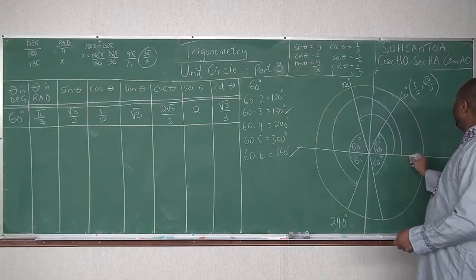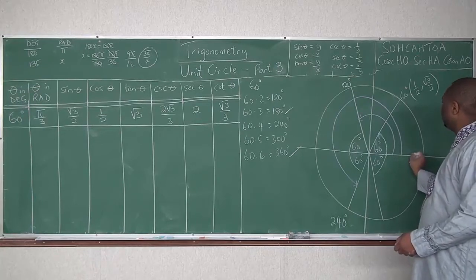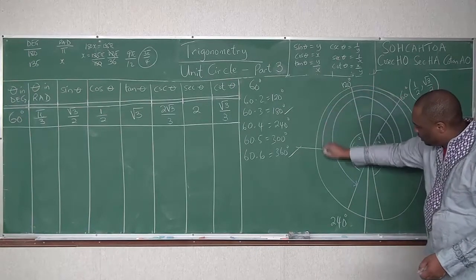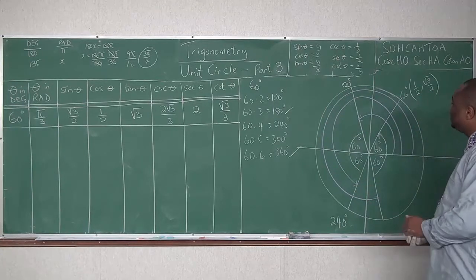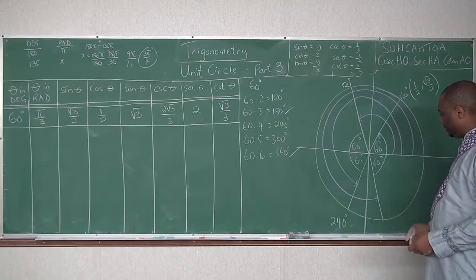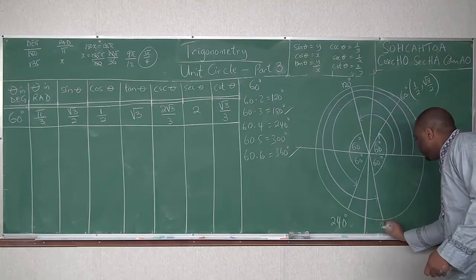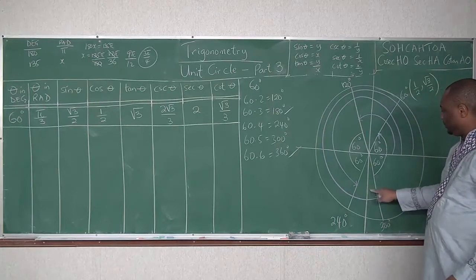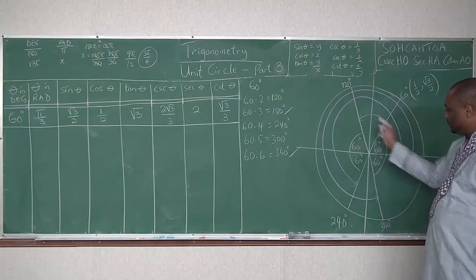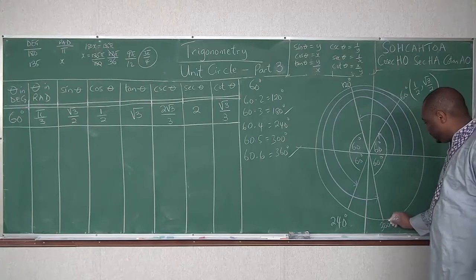And then we have from the initial side up to the terminal side here. So this is 270 plus 30, and that will be what? 300 degrees. Because this is 270, this 30. So 270 plus 30, 300 degrees.